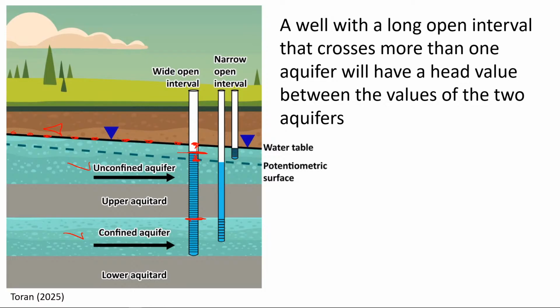In that case it's confusing, because you don't know where I'm measuring my head, because the head is changing. The head for the unconfined aquifer is here, the head for the confined aquifer is here, and if you put this, you'll get something in between. So just keep this in mind if you are in the field, and make sure the people who are doing the job for you will not make this mistake.